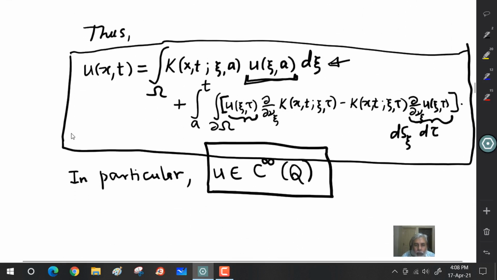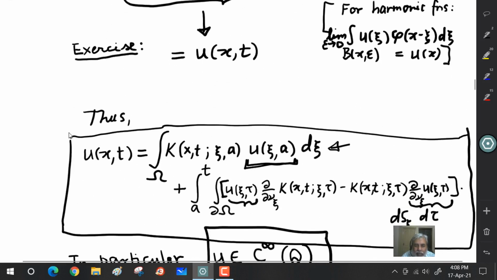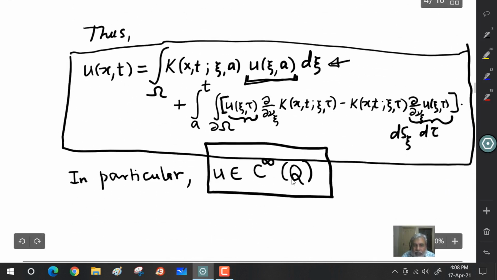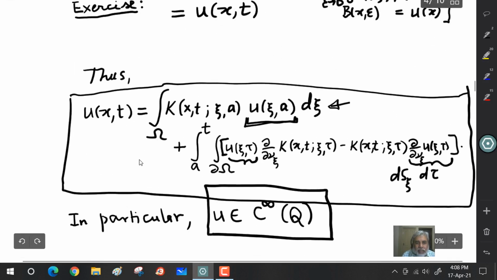If you take a solution of the heat equation in a bounded domain, automatically u is a C infinity function. Such results are called regularity results, and both for harmonic functions and solutions of the heat equation, we see that they are smooth, C infinity functions. Such is not the case with solutions of the wave equation, for example, as we'll see later.